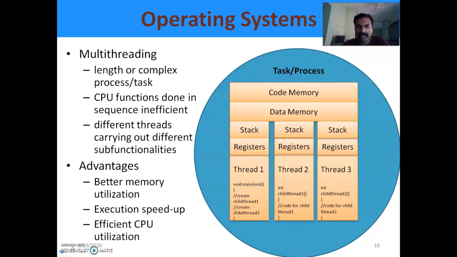A lengthy process or task is divided into smaller sub-functionalities, and each sub-functionality will be a thread. Each thread will have its own stack and registers, but the code memory and the data memory will be shared.